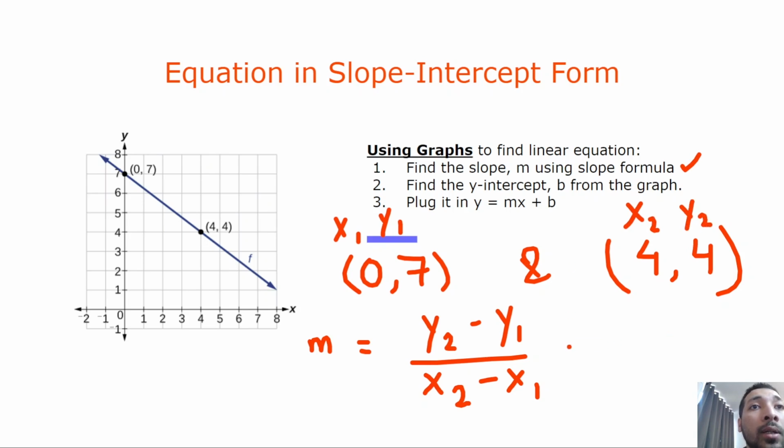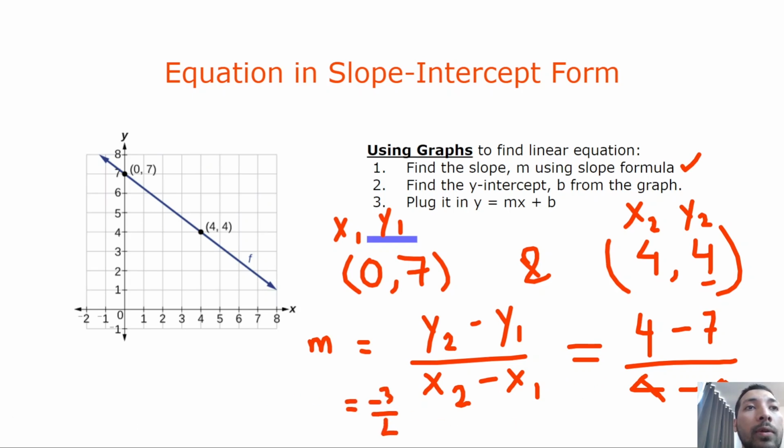Now we plug in. What is our y2? If we look at these 2 points, we can see y2 is right over here. So this is 4 minus our y1, which is 7. And then we divide by x2 minus x1. x2 is 4 again, minus x1 is 0. So you can see we get 4 minus 7, that is -3 over 4.